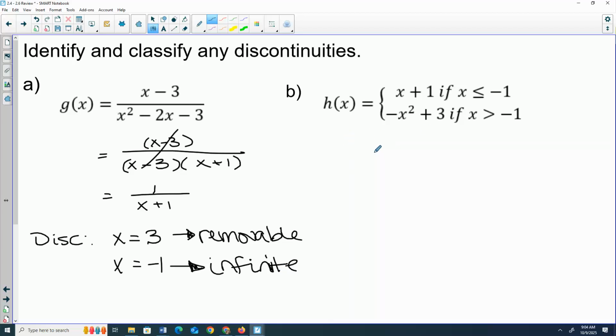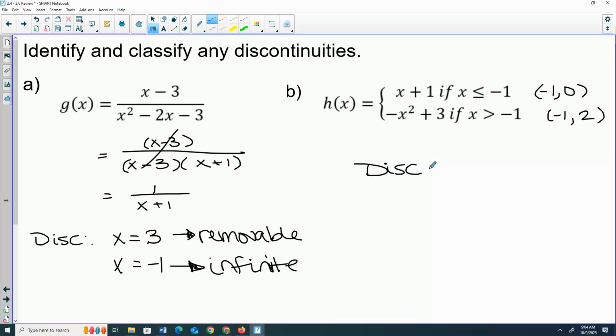B. On a piecewise, all we really need to check is if these pieces match up. If they do, then there's no discontinuity. If they don't, we have one. So -1, if I put it in the first one, we get out 0. If I put -1 into the second, we get -1 plus 3, which is 2. So they don't match.